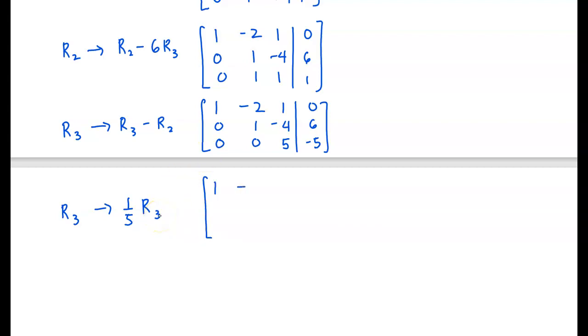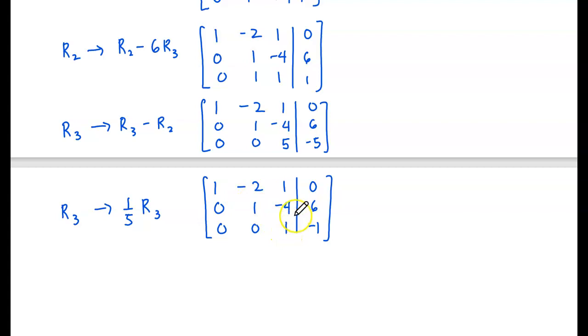So you copy 1, negative 2, 1, 0, 0, 1, negative 4, 6, 0, 0, then multiply this by 1/5, that's equal to 1. And then negative 5 divided by 5 is negative 1. So now the main diagonal are all equal to 1.